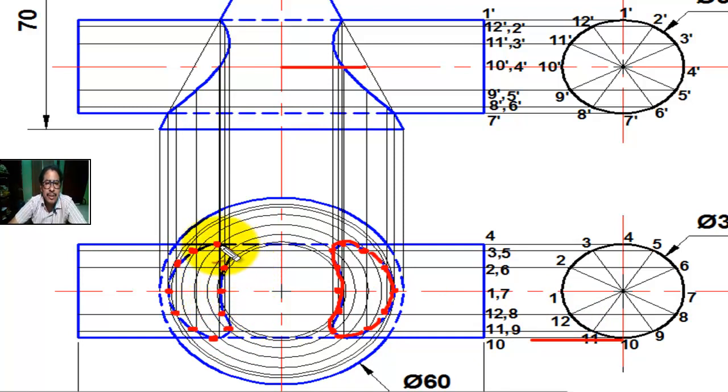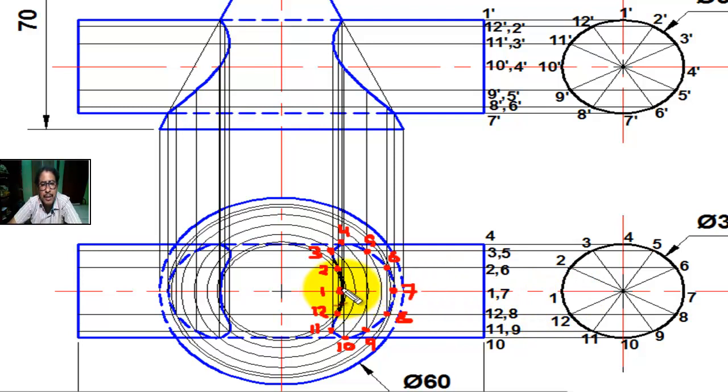Now we join these points. By joining these points, draw the curve. This portion is firm and lower portion is hidden line, that means dotted line. Okay. Now these are the various intersection points.